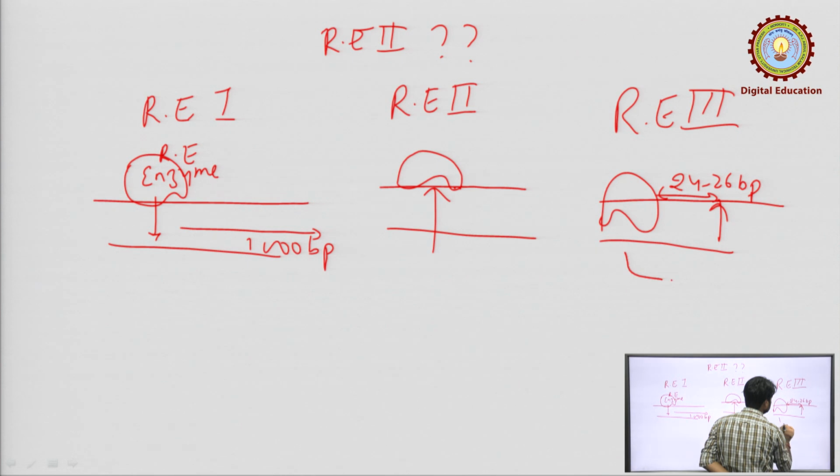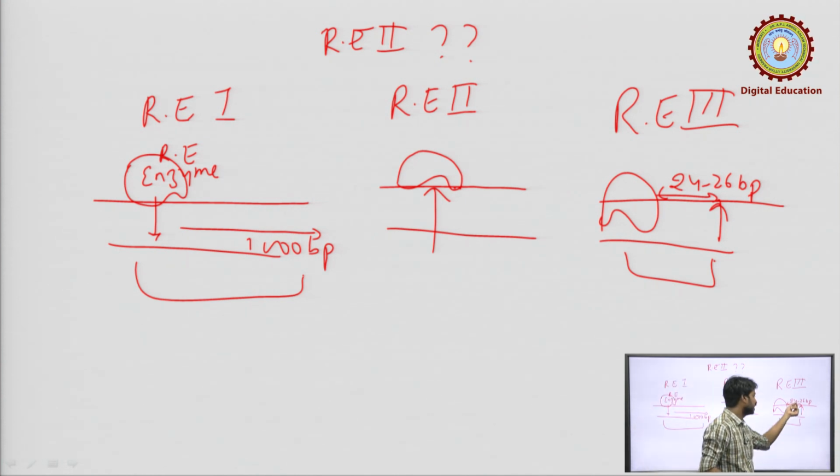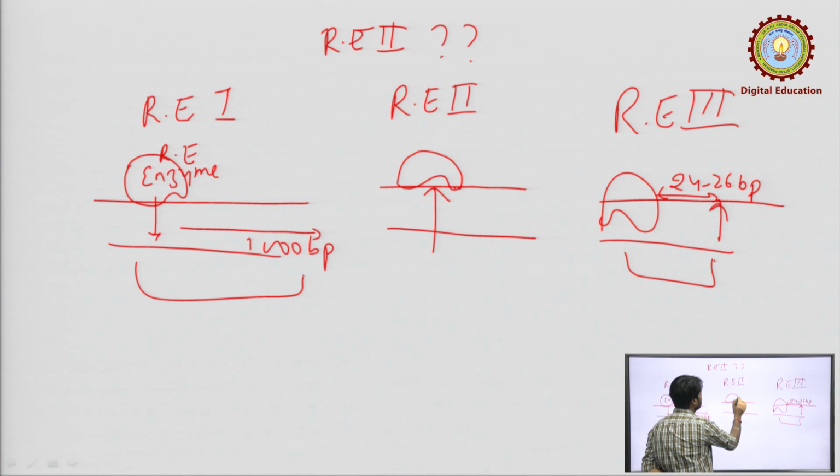So, it will also increase the size of our insert, because first we require a recognition site, and there is also a cutting site away from it. Automatically it will increase the size of our insert by 24 to 26 base pairs. Hence, we use restriction enzyme type 2 because it recognizes and cuts at the same place.